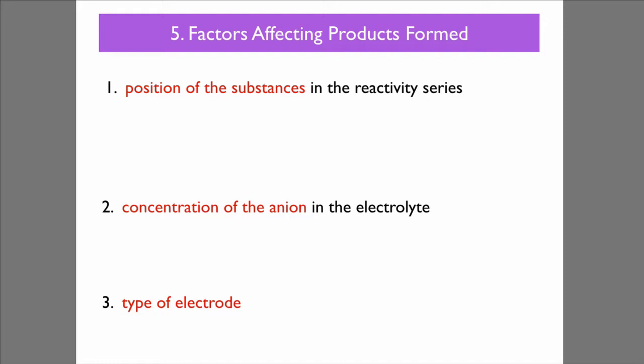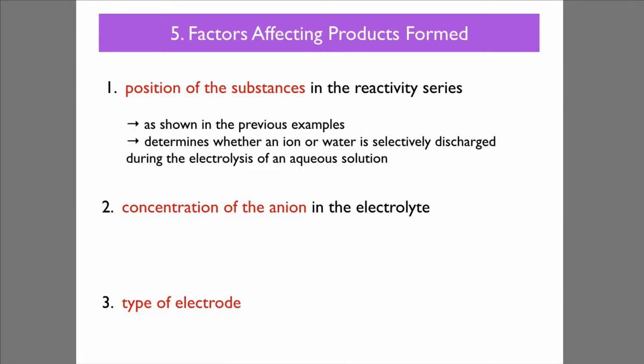The factors that affect the products formed, it's not as straightforward as we've just seen. And you might have noticed I mentioned dilute chloride ions previously. So let's have a look at this. Well, first of all, the position of the substances in the reactivity series matters. And we've been using that table throughout. So that's kind of straightforward. You've seen many examples now. And the position in the reactivity series determines whether an ion or water is selectively discharged during the electrolysis of an aqueous solution.